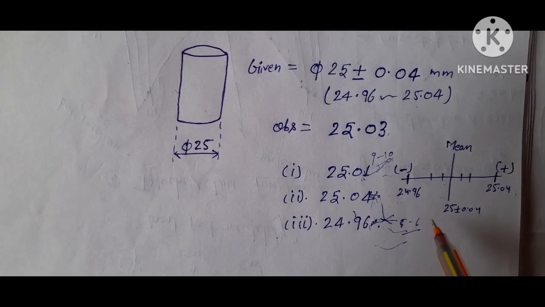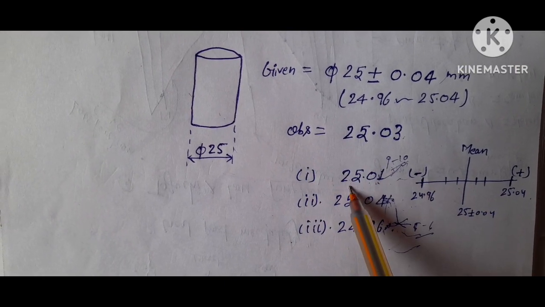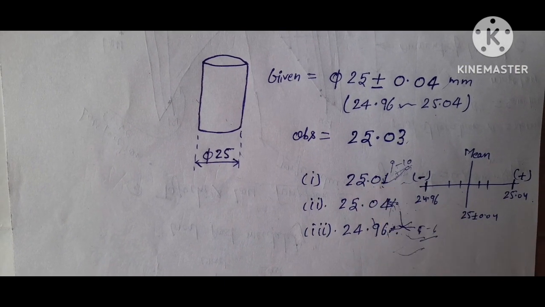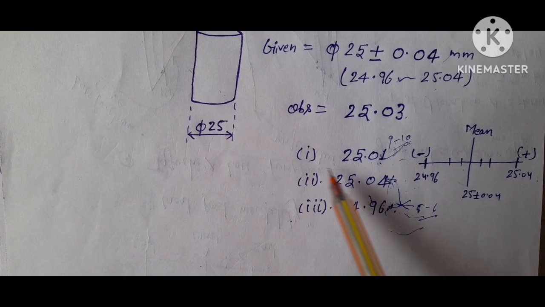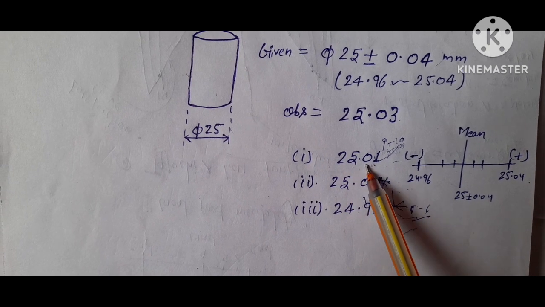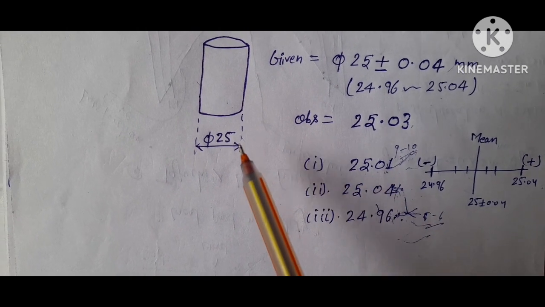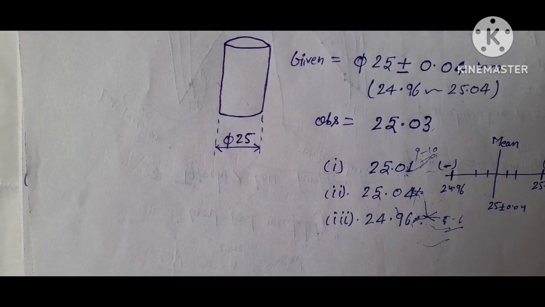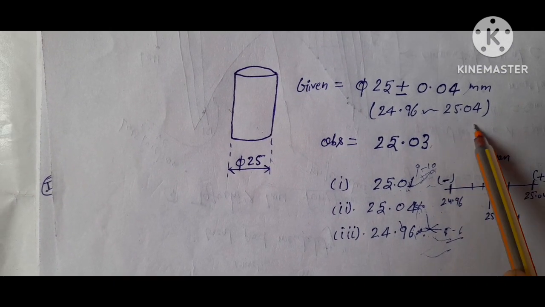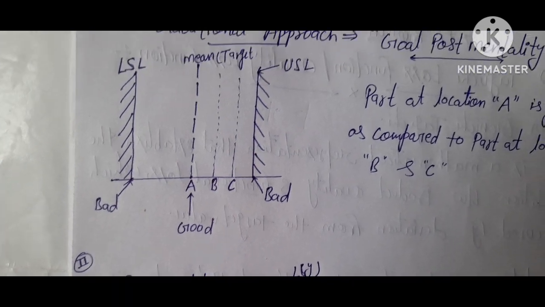But if our goal is set near the mean value, trying to achieve values like 25.01 or 25, then it is known as loss function mentality.